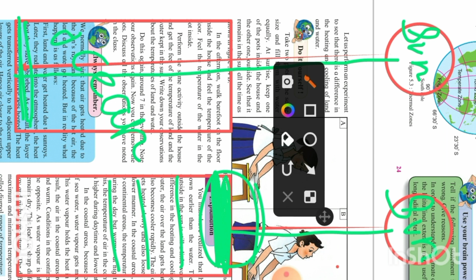The sun has to first make the deeper level of the ocean hotter, then it will move upwards, so it takes time to make the ocean hotter. But in the case of land, the sun only has to work on the upper layer, that's the reason the land gets hotter earlier as compared to the ocean.